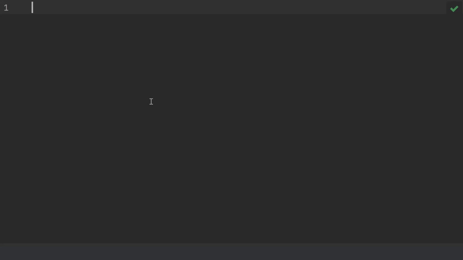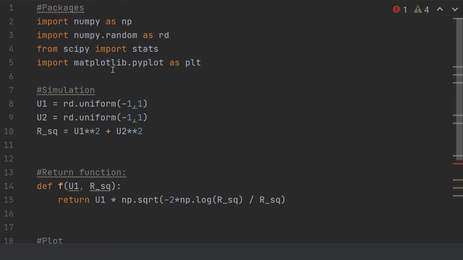Okay, welcome to my PyCharm. Now I will build up my code using some copying and pasting, since I don't want to waste time writing everything out. So first of all, I import some packages.